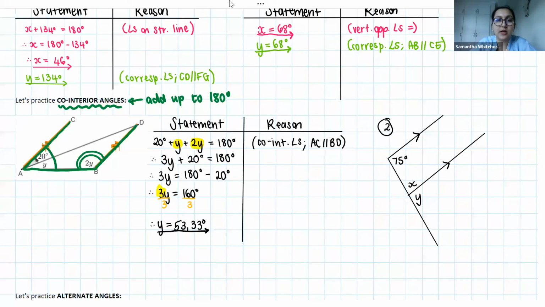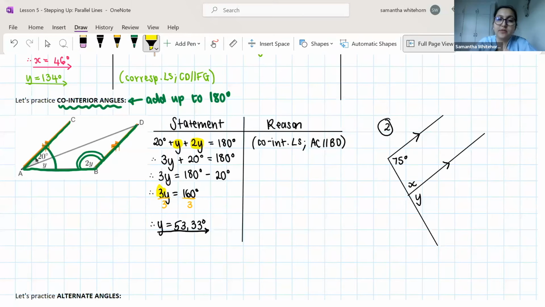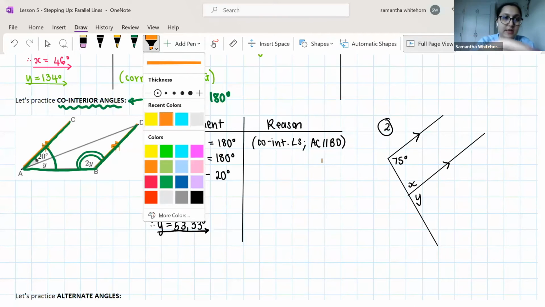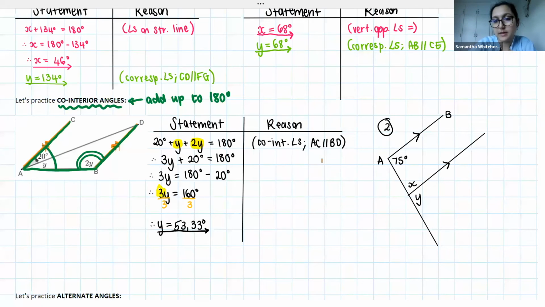Okay, so grade 8, you try question 2 for me, please. X and Y. Remember, identify your parallel lines. I actually have no labels here, so let's maybe just add some labels. Apologies.